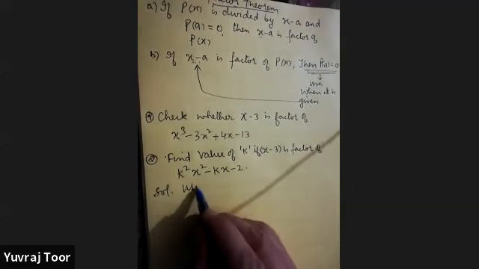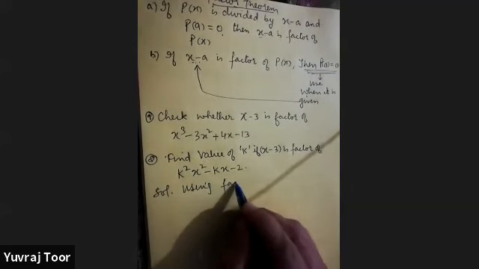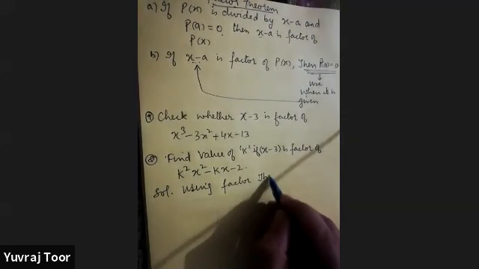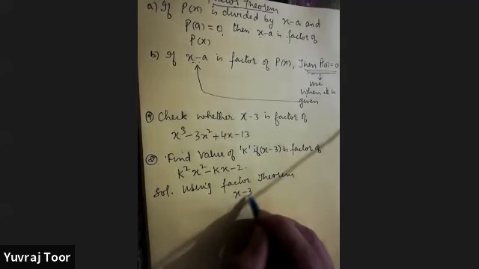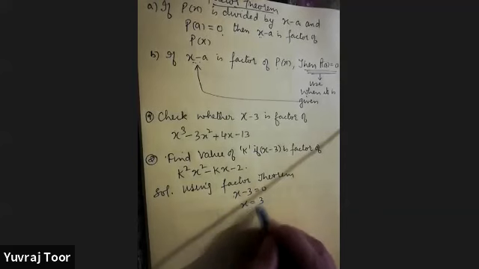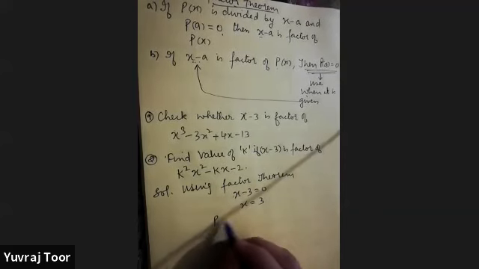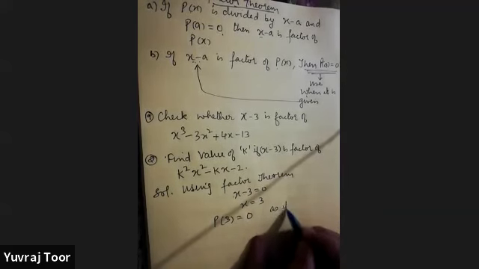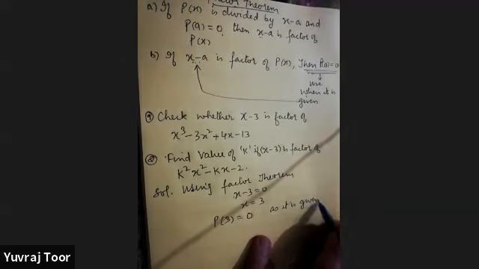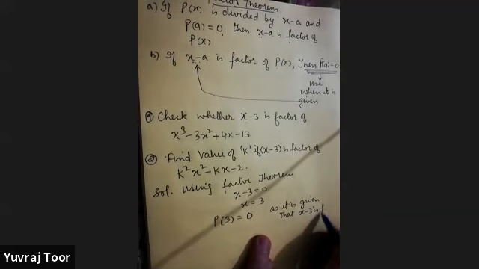Solution: using the factor theorem, x minus 3 equals to 0, x is equal to 3. p(3) is equal to 0 as it is given that x minus 3 is a factor.